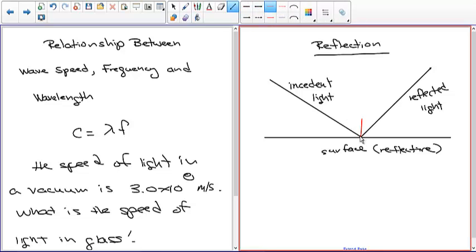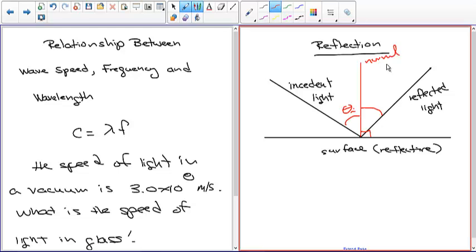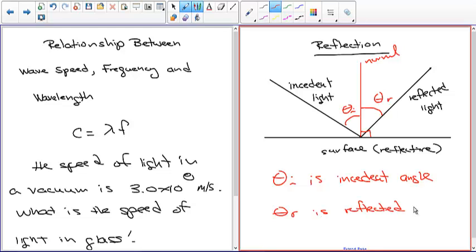So if you draw a line here, and this line is perpendicular to the surface, then this angle, we'll call that theta sub I, and the angle from the normal, so this is our normal line, we'll call this theta sub R. So theta sub I is called the incident angle, and theta sub R is the reflected angle.